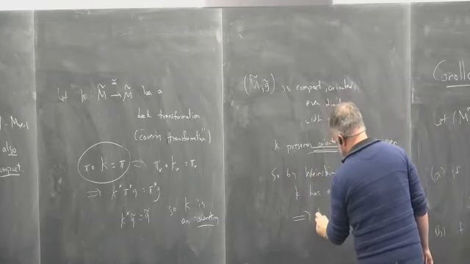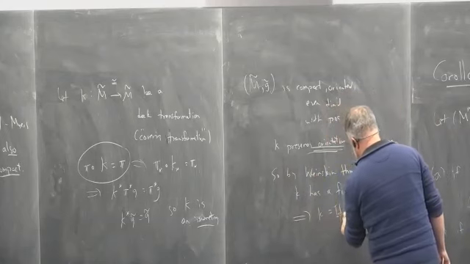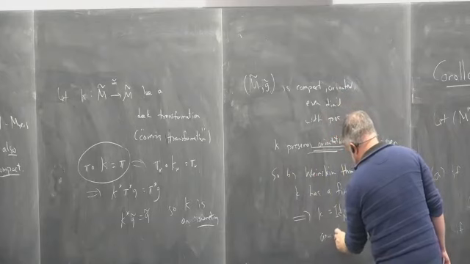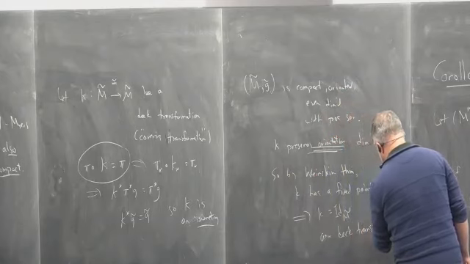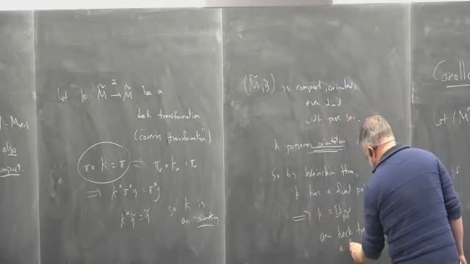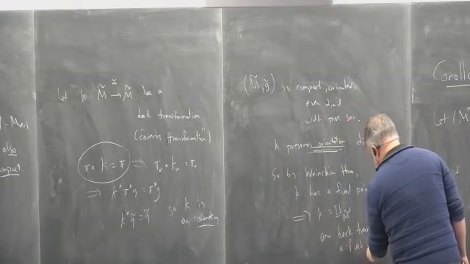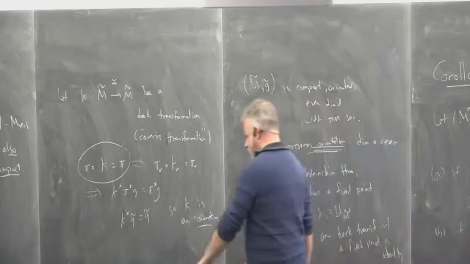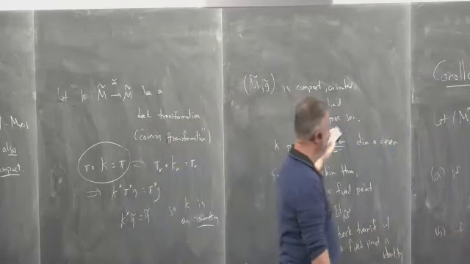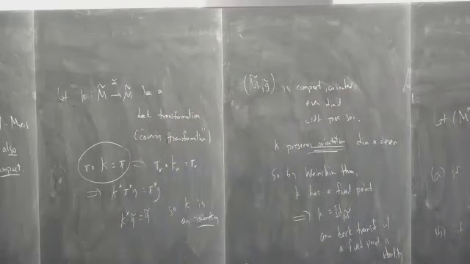But then K is the identity, because any deck transformation with a fixed point is the identity. This is a topological fact. It shuffles the fibers around, right? So what do we prove? We prove that any deck transformation is the identity.